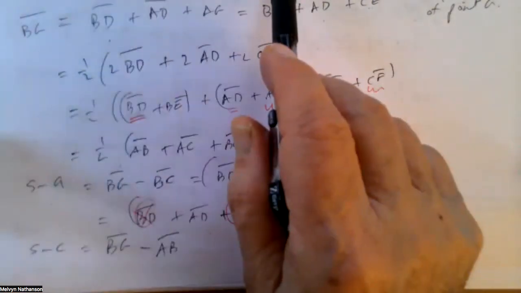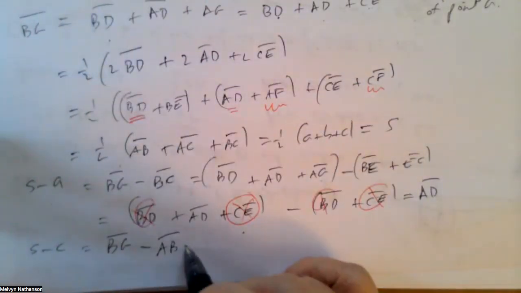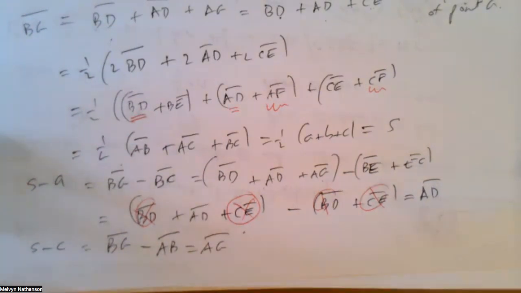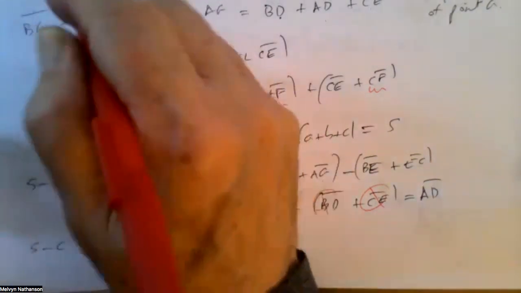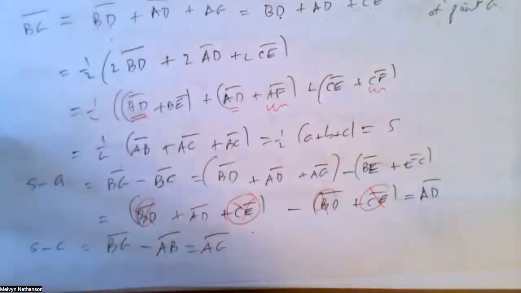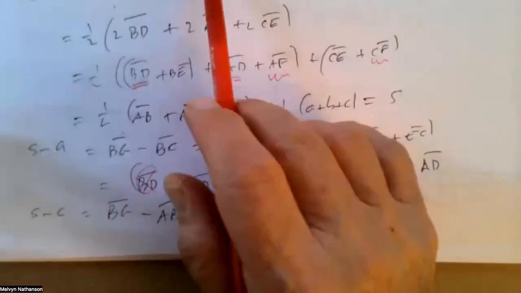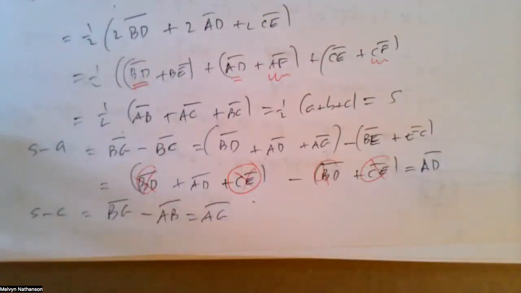So you take the distance from B to G minus the distance from B to A, you're left with the distance from A to G. So the length of this line from A to G is S minus C. That's what I just calculated.